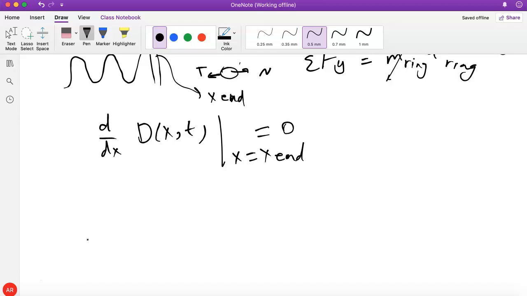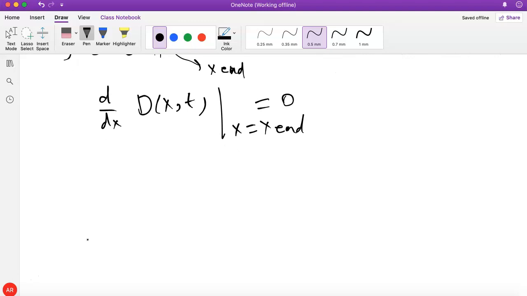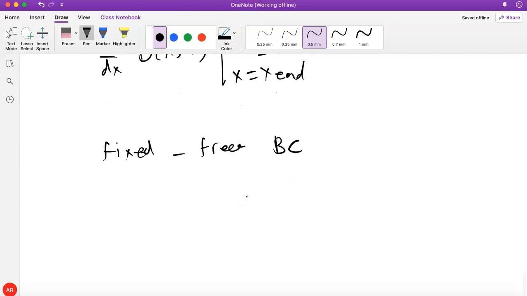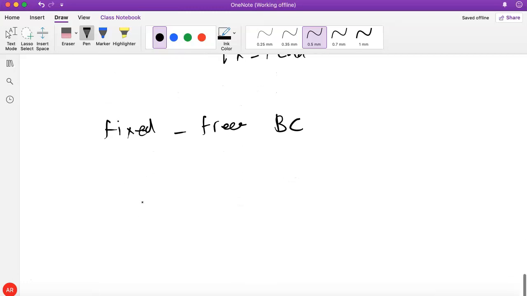Free fixed and fixed free are basically the same, so let's think about, for example, the fixed free boundary condition. BC stands for boundary conditions. Also for British Columbia, but not here.